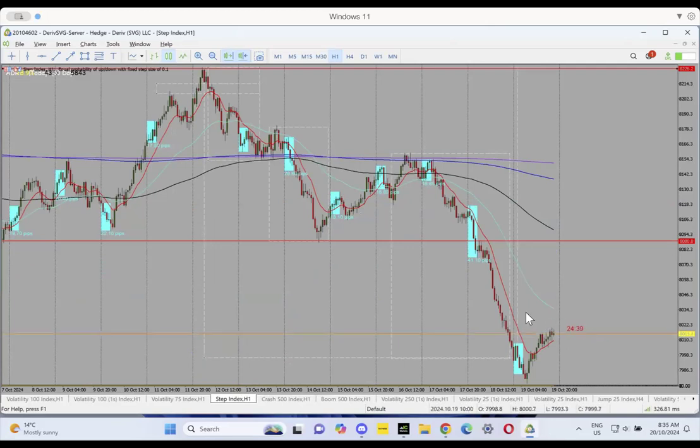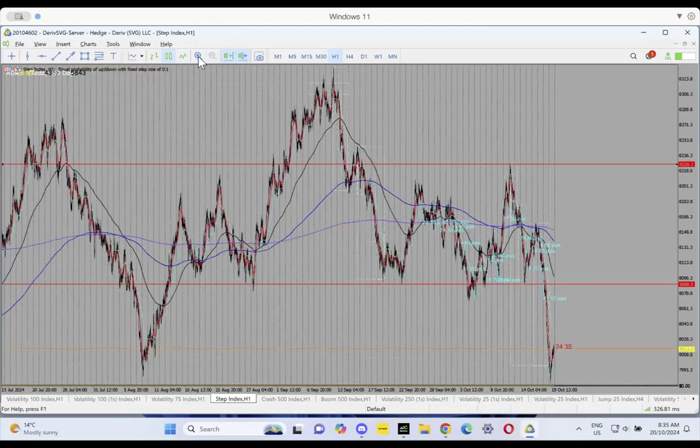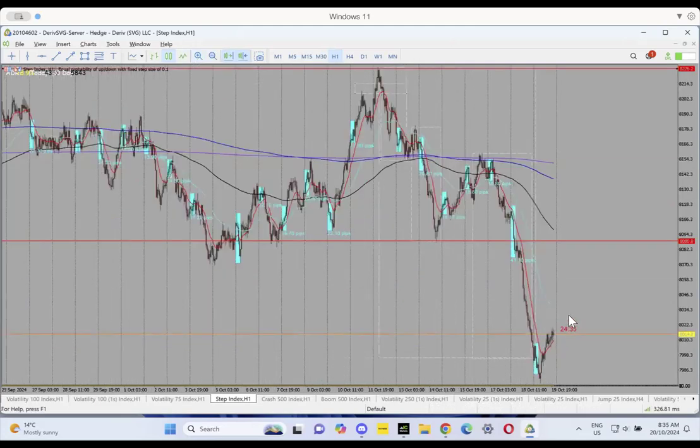Please check it out again, where I said there is a possibility that the market is going to have to buy up maybe to the 200 or to the 50 and then continue selling.